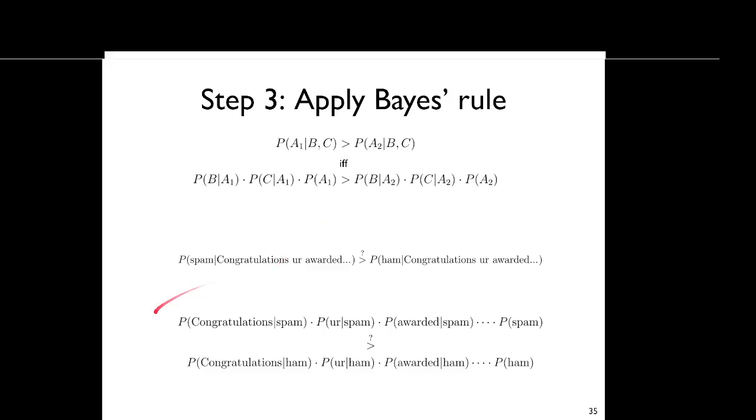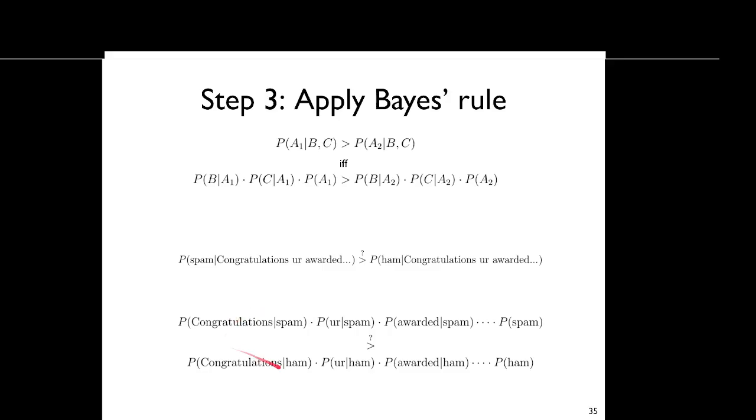So this breaks down to this calculation over here, and we ask, is this side bigger than that side? So the individual pieces of evidence, namely "congratulations", "you're", "awarded", and so on, multiplied, given spam and given ham, times the probability of spam, probability of ham, and depending on which one is bigger, that's the one we want.